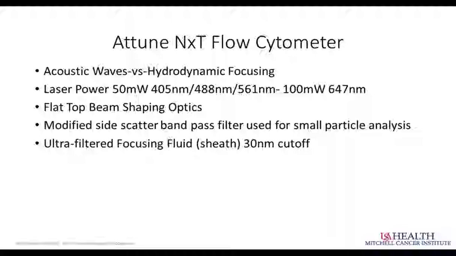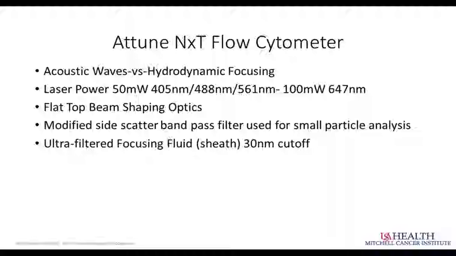So not only do we have the fluidics part, but the Attune does have fairly high-powered lasers. It can provide 50 milliwatts on the 405, 488, and 561 nanometer lines, and 100 milliwatts at the far red 647 line. And it does that in combination with something called flat top beam shaping optics, another mouthful.